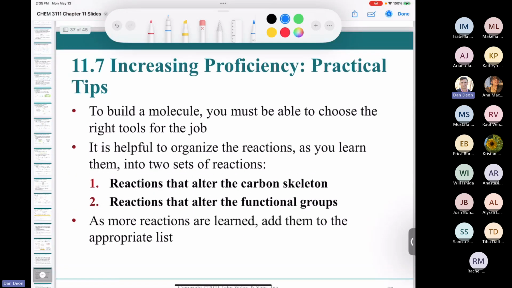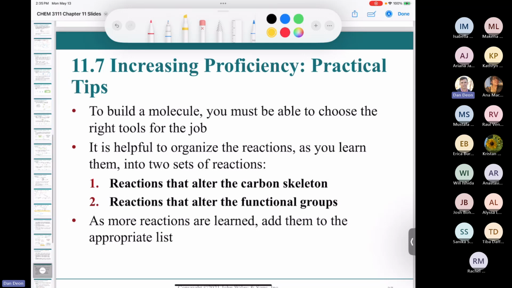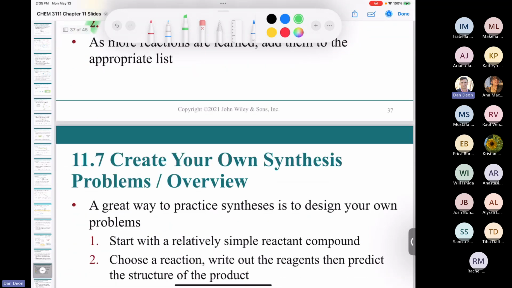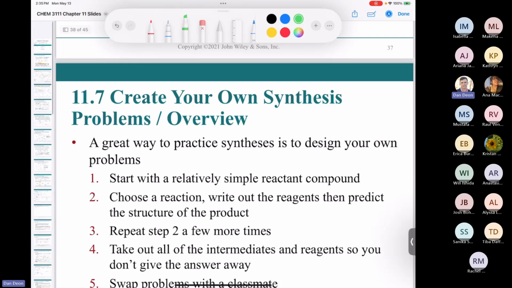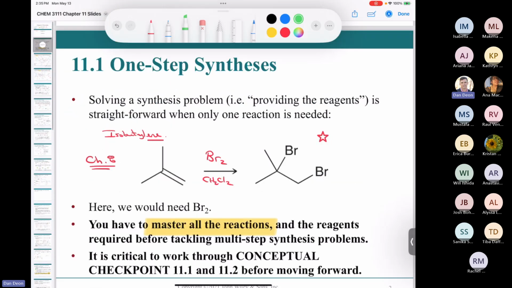So how do you master your syntheses from organic 1? I mean, really, we talked about reactions that alter the carbon skeleton, so ozonolysis, and then using an alkanide or an acetylide, and then reactions that alter functional groups, converting a hydroxyl into an alkene, so on and so forth. But again, the main thing is going right back to the first 2 questions, okay?